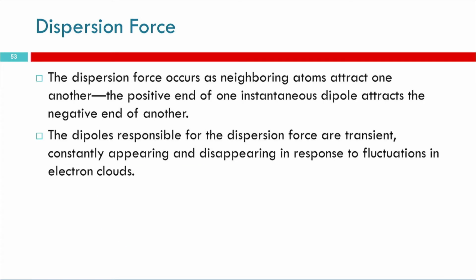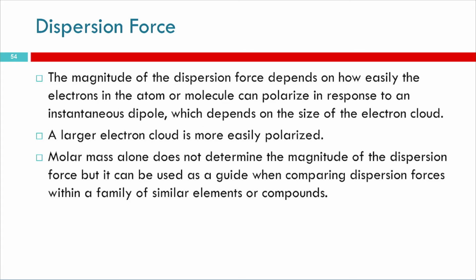The dispersion force occurs as neighboring atoms attract one another. The positive end of one instantaneous dipole attracts the negative end of another, and they fluctuate around like this. The dipoles responsible for the dispersion force are transient. So they're constantly appearing and disappearing in response to fluctuations in electron clouds.